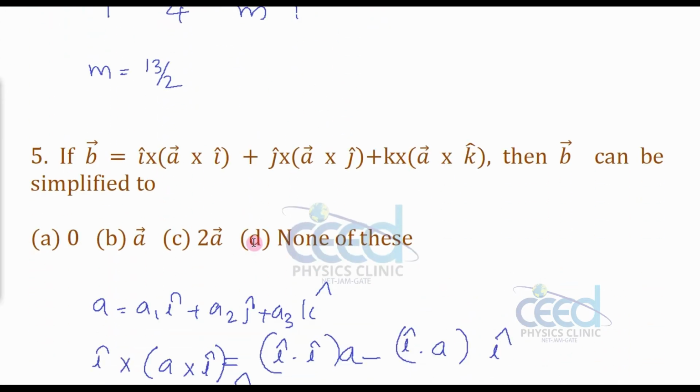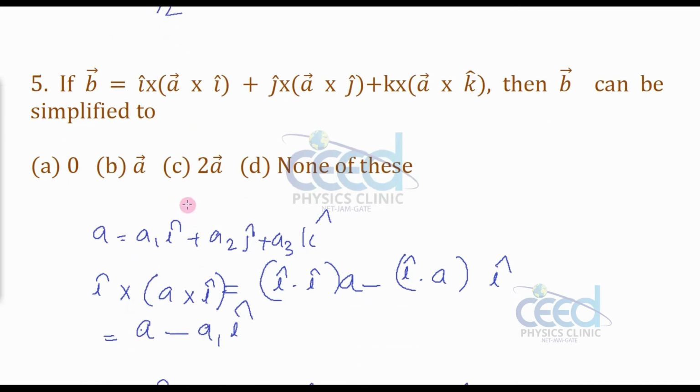Okay, now another question: if B is equal to i cross A cross i plus j cross A cross j plus k cross A cross k, then B can be simplified into which of these. For this you have to consider A as a vector.